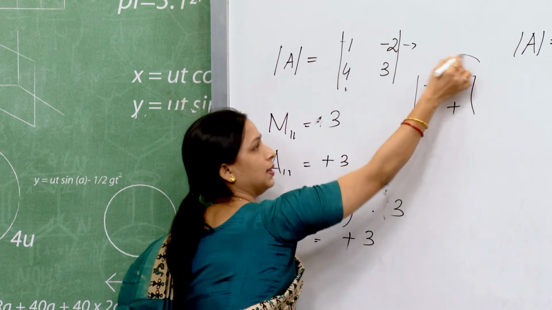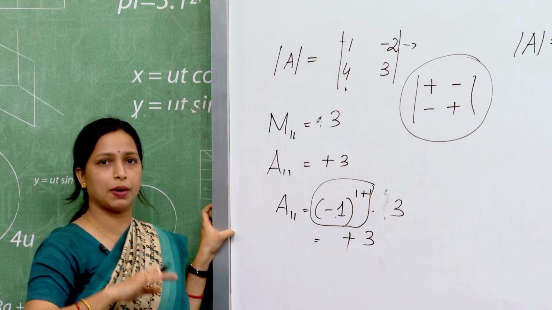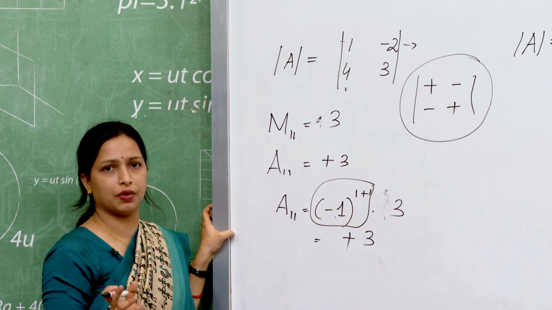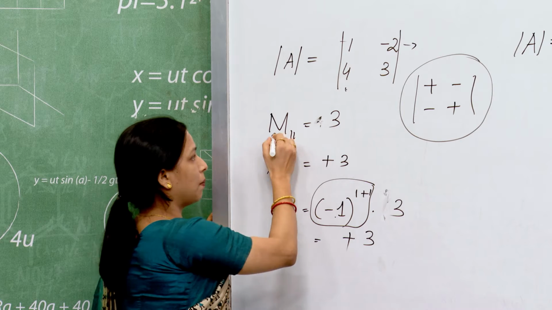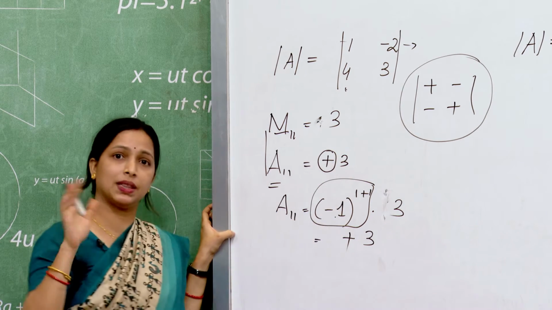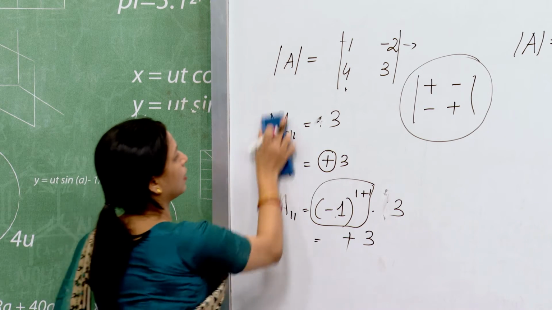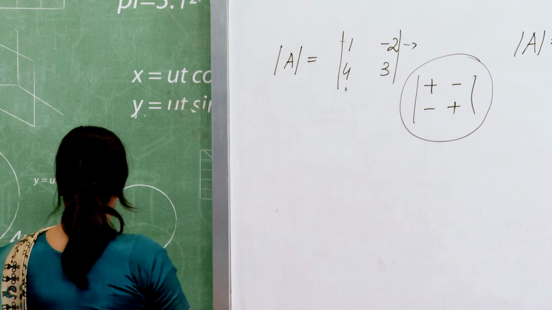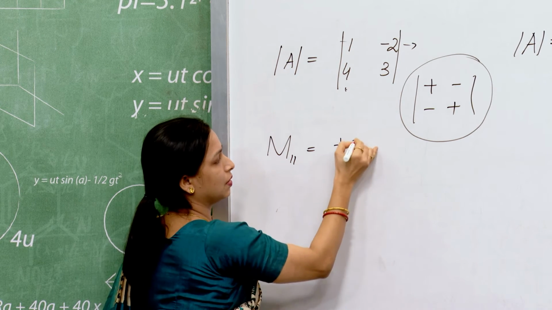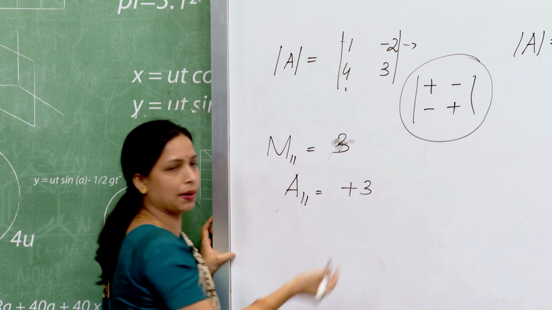So, whether we remember this diagram, or we remember this formula, or we remember that if it is an even number the position sign is plus, whichever we remember, we must know that the difference between minor and cofactor is just the sign. It may be the same, it may change to minus, right. So, the minor of A11 is plus 3 and the cofactor is plus 3, same.